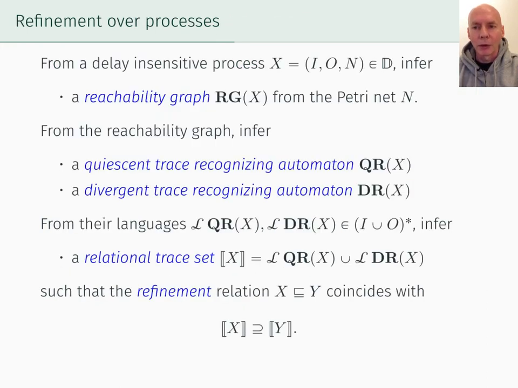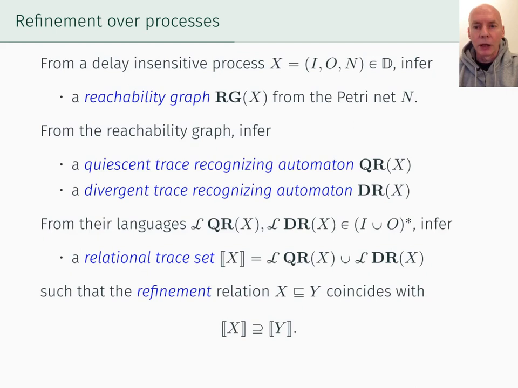I need to gloss over some things here, enough to fill 3 or 4 chapters in a book, but I'll give a reference to it at the end. And anyway, it's pretty standard stuff. If you know anything about Petri nets, you know that you can build a reachability graph whose vertices are the markings of the Petri net.